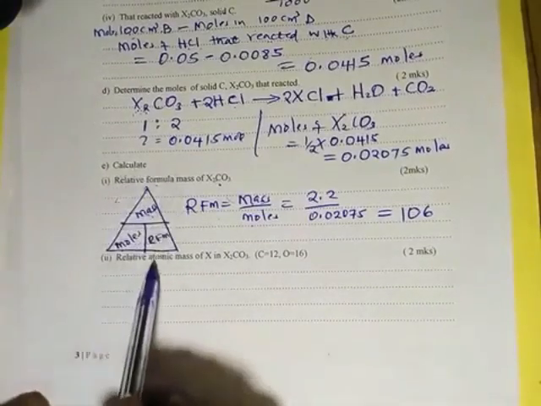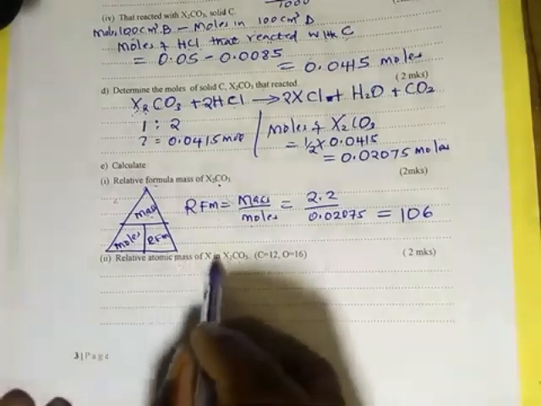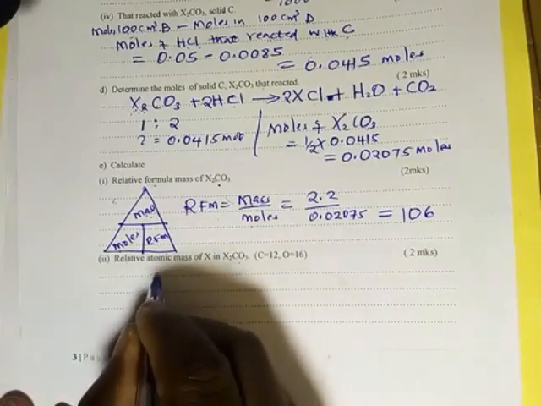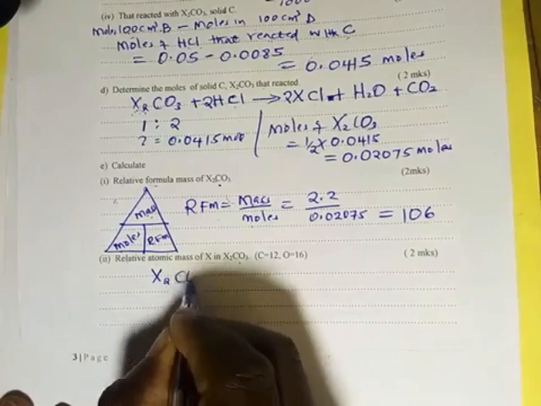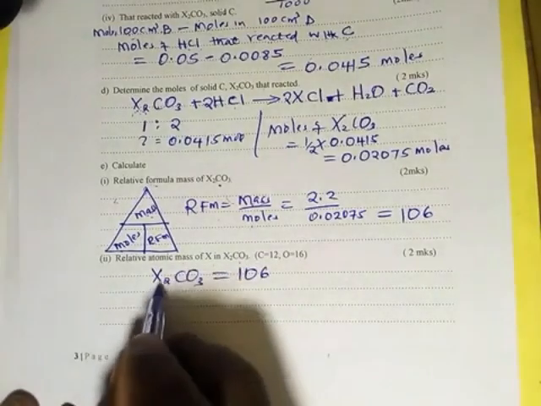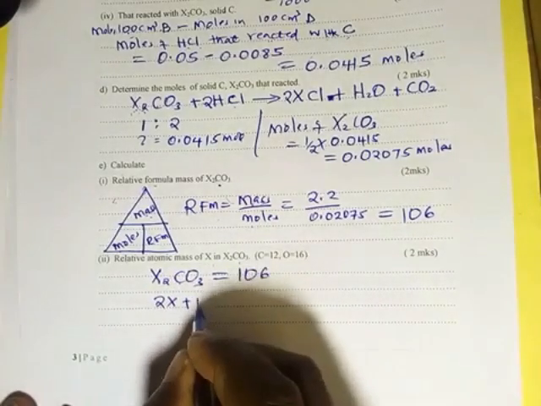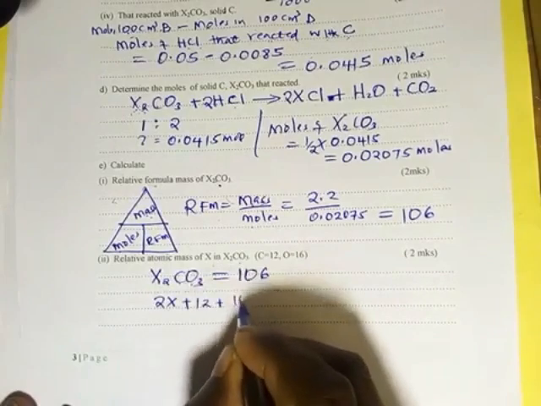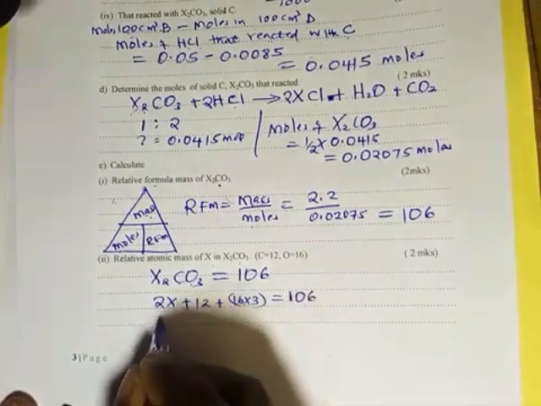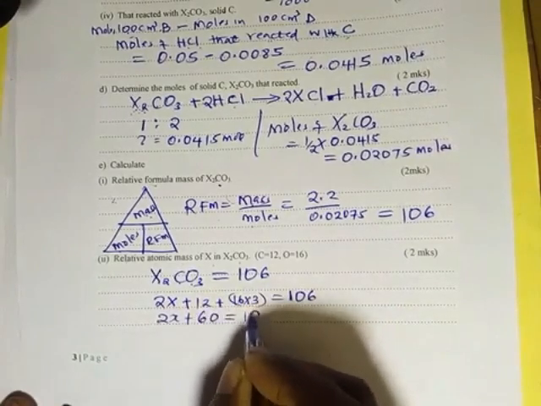Determine or calculate the relative atomic mass of X in the solid C. But we know now, since we have the RFM of the carbonate, it means that X2 carbonate equal to 106. So X, there are 2 of them, so we say 2X plus carbon, which is 12, plus oxygen, that is 16 times 3, will give us 106. 2X plus 60, because this is 48 plus 12, equal to 106.